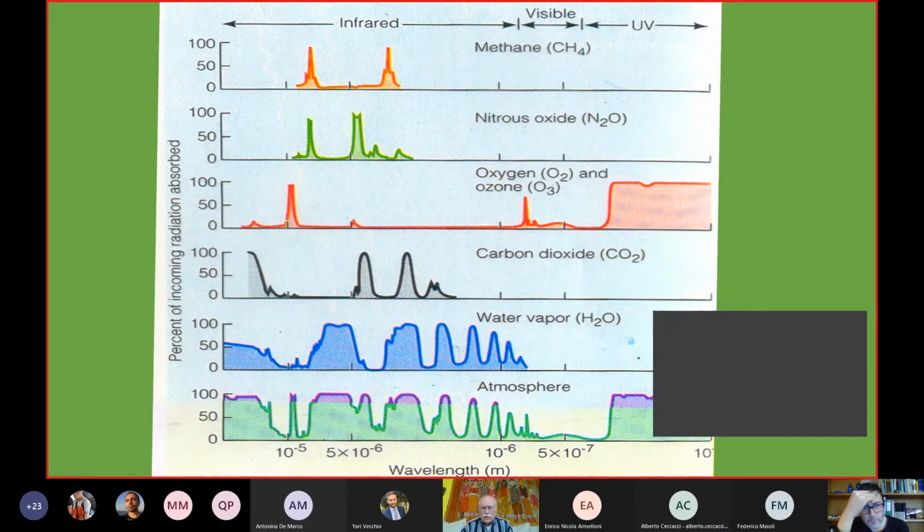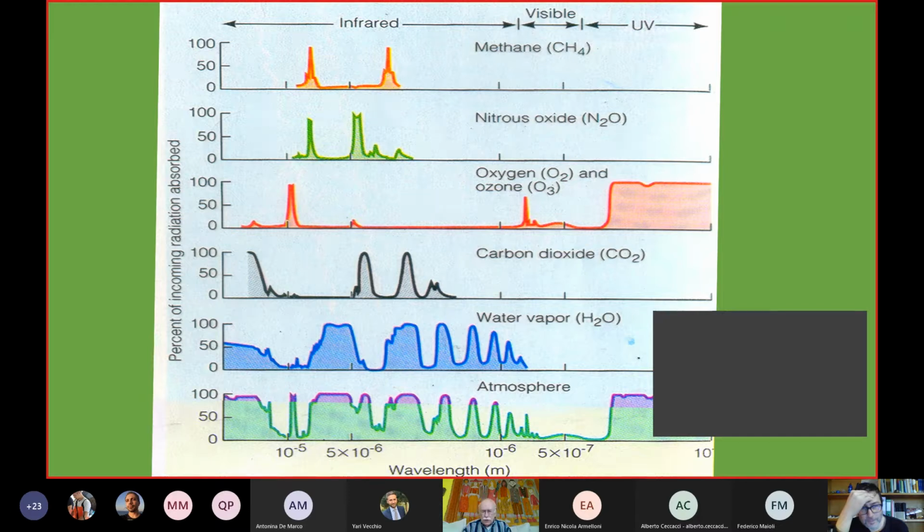Now, some of the gases in the atmosphere, you can see that methane absorbs very strongly in the infrared, which means that if the concentration of methane in the atmosphere increases, as it does because of the farts of the cattle, that increases the greenhouse effect because it increases the absorption of thermal radiation coming back from the Earth.